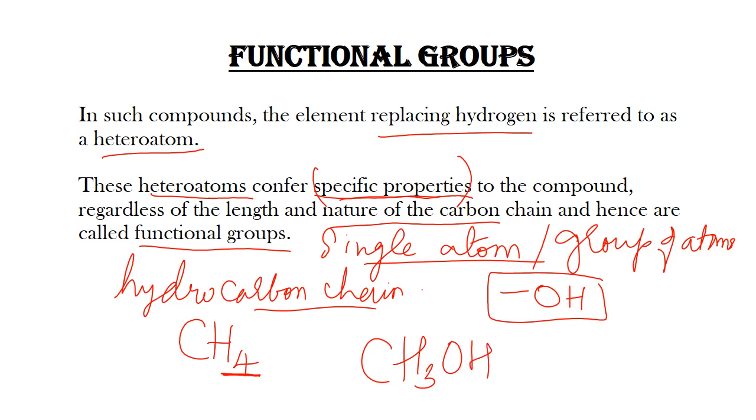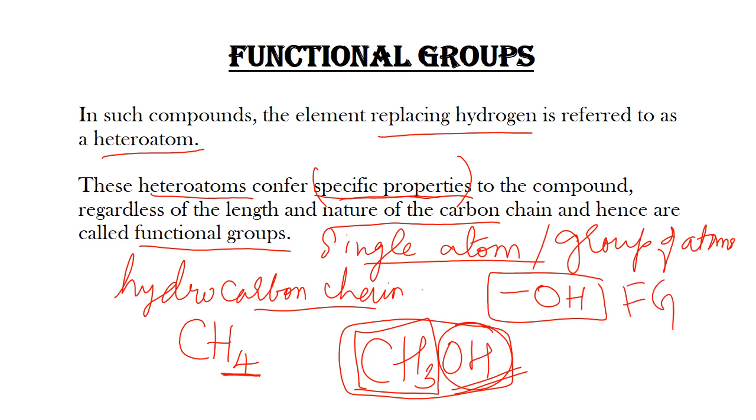Now the properties of this compound depend on the OH group. They do not depend on the CH3 group. The properties are now based on the OH group. So your OH group here is the functional group.